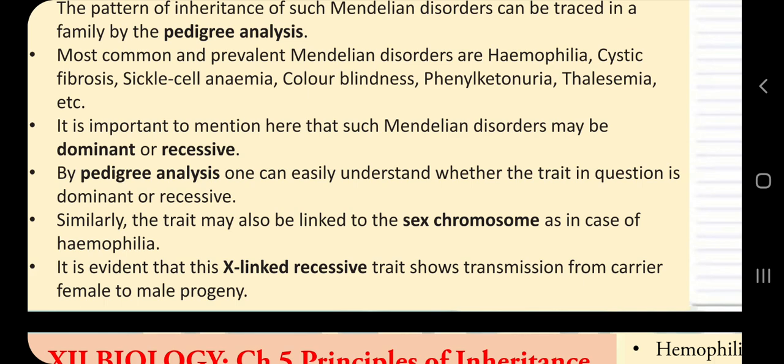Many genes responsible for general characters are also located on the sex chromosome. The gene for hemophilia is located on the X chromosome, and in the same way the gene for color blindness is also located on the X chromosome. It is evident that an X-linked recessive trait shows transmission from carrier female to male progeny.